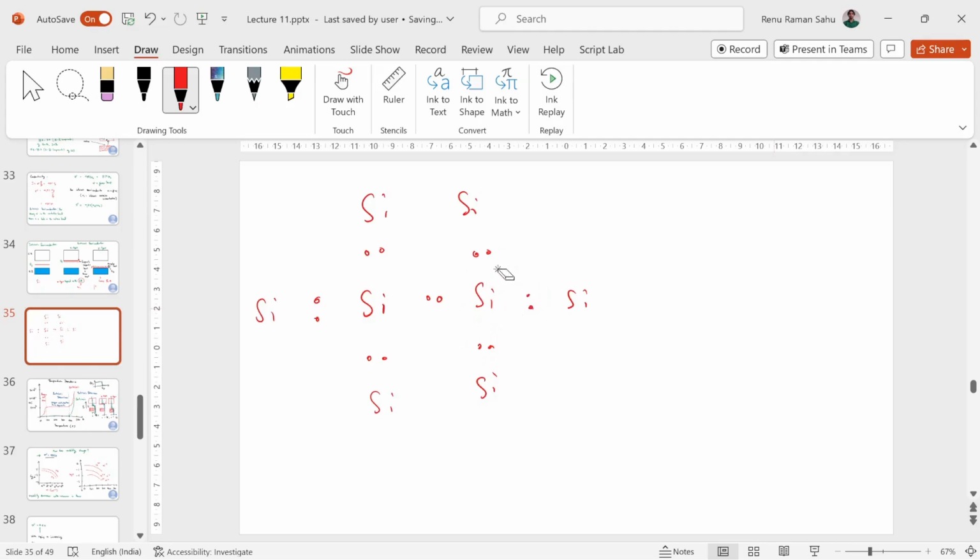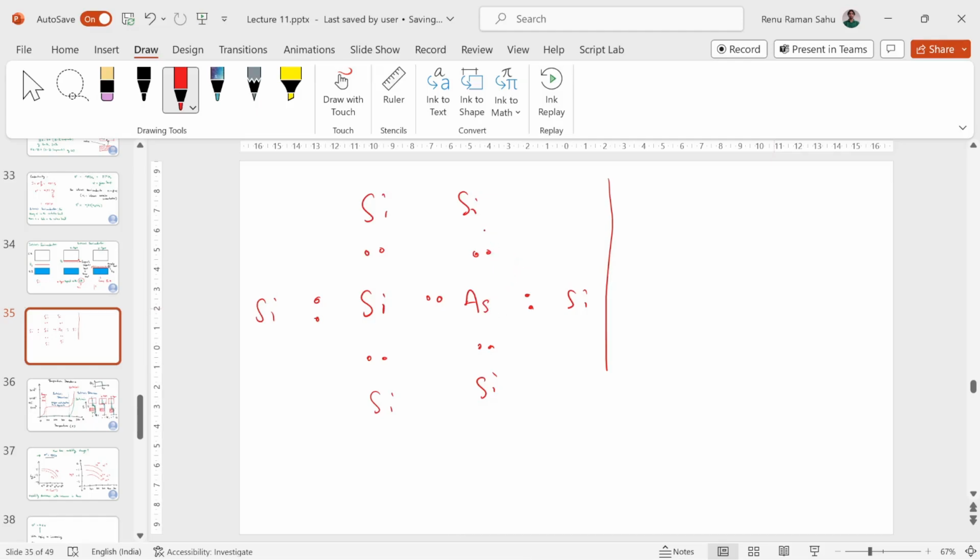Now, if I remove one silicon and replace it with, let's say, arsenic. Arsenic has 5 electrons.